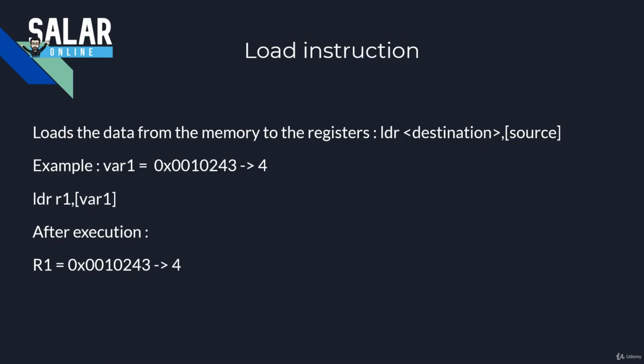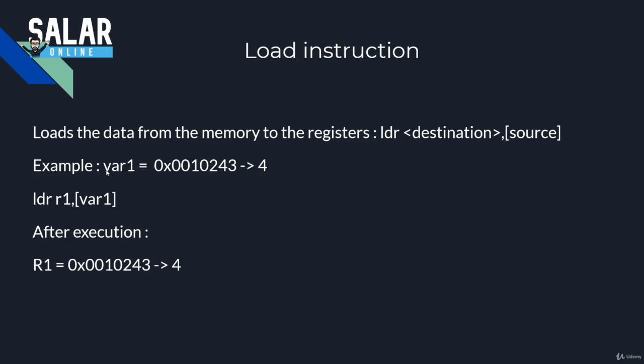So firstly, we'll be looking at the load instruction. The load instruction loads the data from the memory to the registers. You can look at the syntax that says LDR, the destination register, and the source. This bracket indicates this is like a pointer.